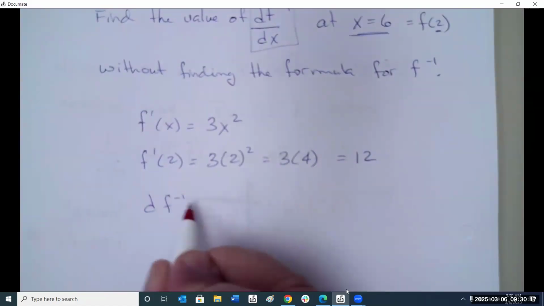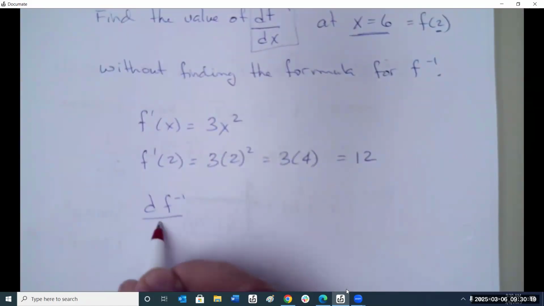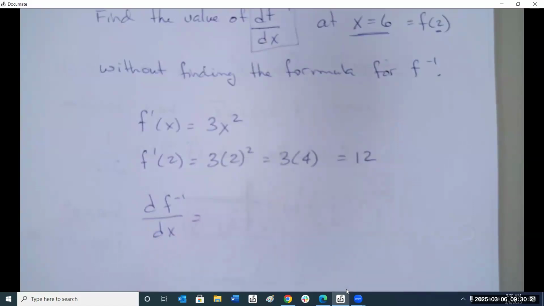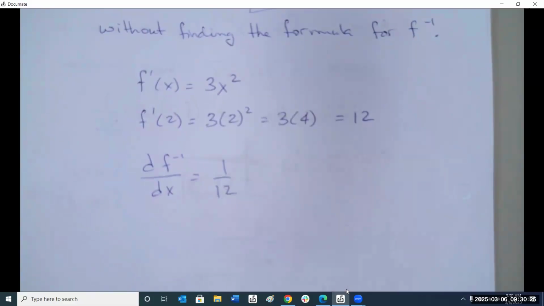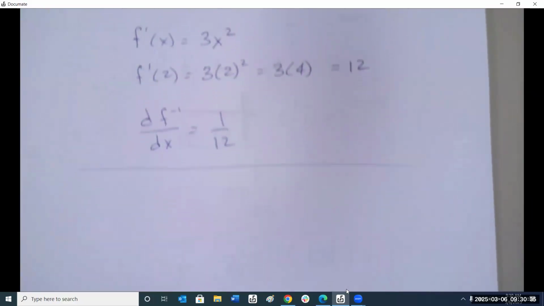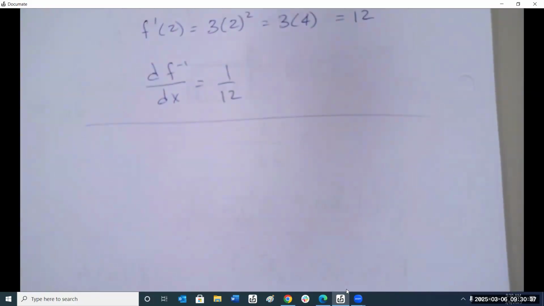Therefore, the derivative of the inverse has to be what? 1 over 12. Very good. So understanding that concept of how they're related makes it much easier. We don't have to do the whole thing.